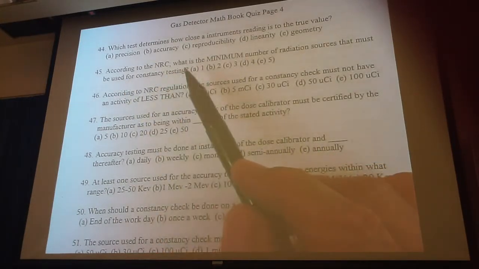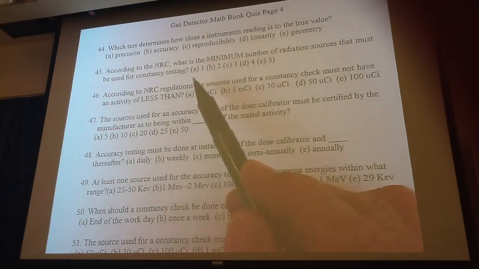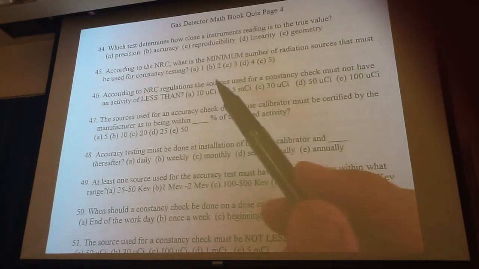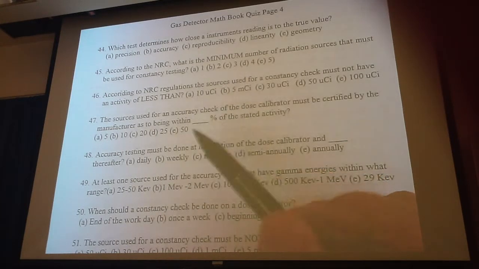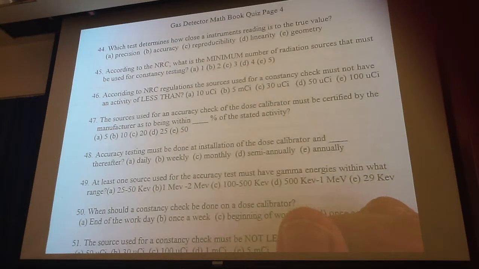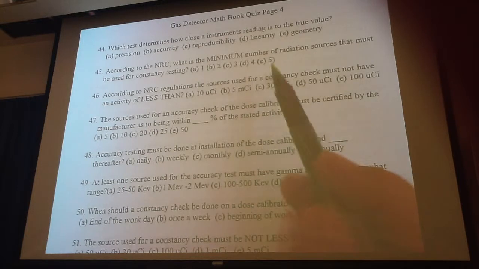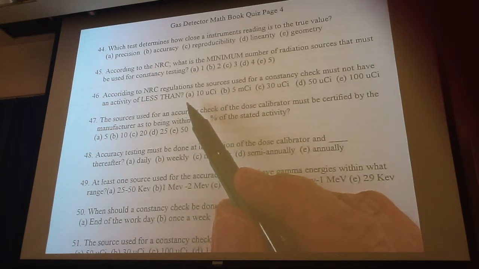Now, according to the NRC, what is the minimum number of radiation sources that must be used for constancy testing? Yeah, letter B. Okay, you always have to have 57 cobalt and 137 cesium. And then, according to the NRC regulations, sources used for the constancy check must have an activity of less than.